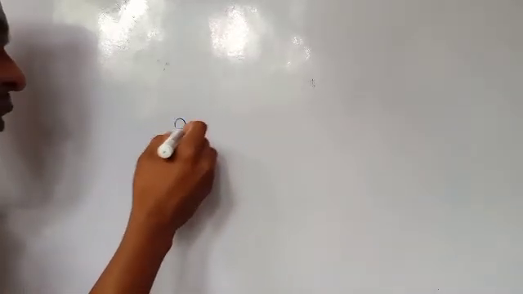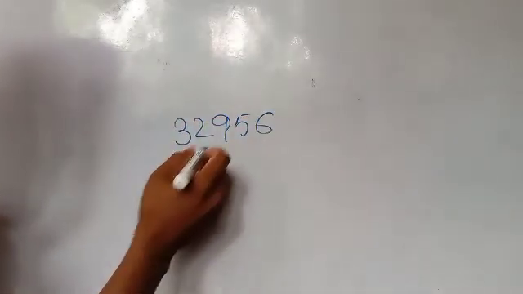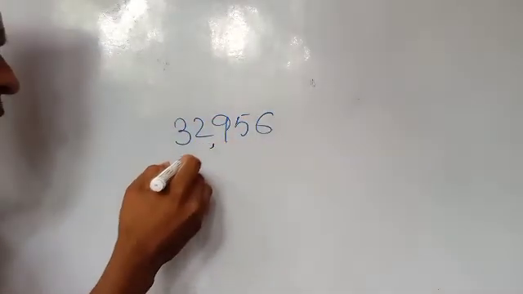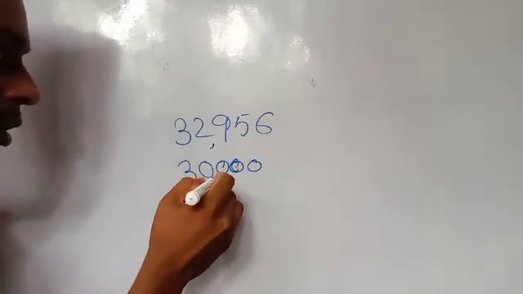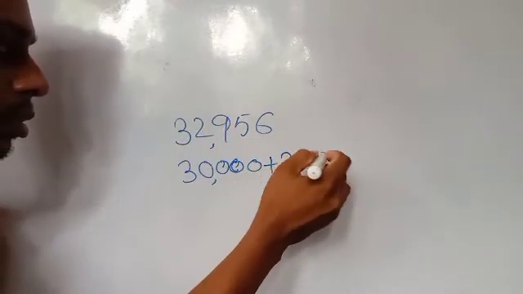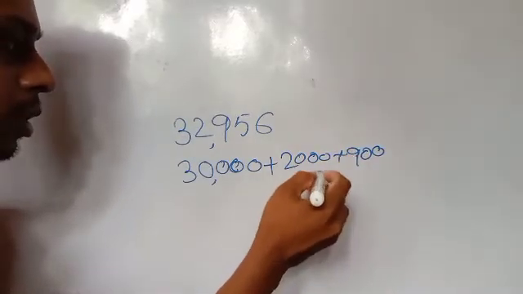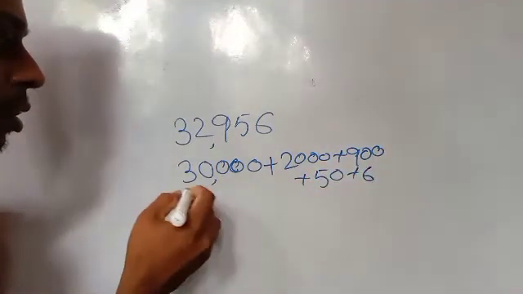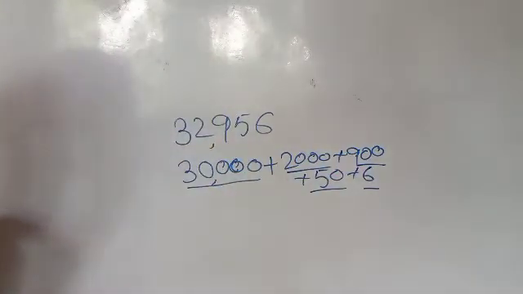Suppose the number is 3,32,956. Now the expanded form will be 3 lakh plus 30,000, plus 2,000, plus 900, then 50, then 6. This is called the expanded form.